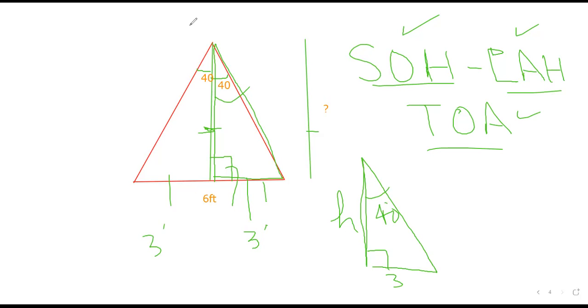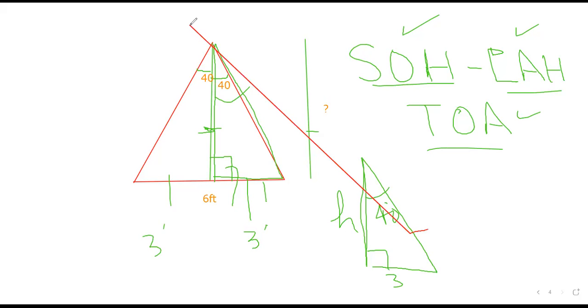SOH CAH TOA. I think what I think is conflicting with the options, because I think it's CAH, right? Or tangent. It says 3 over tangent, but I'm thinking it's 3 over cosine of 40. So from this triangle, you are looking for that.